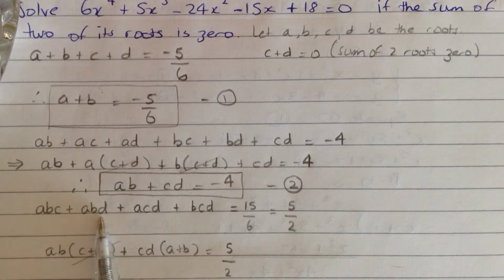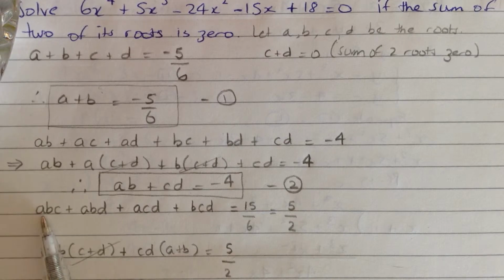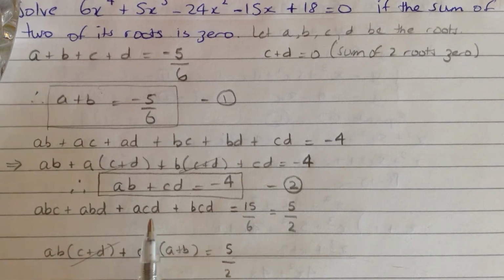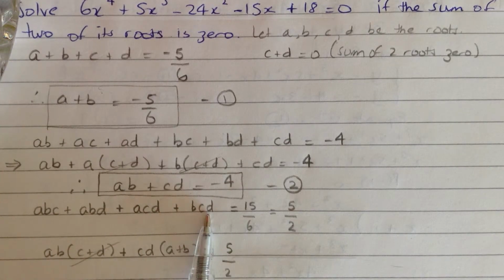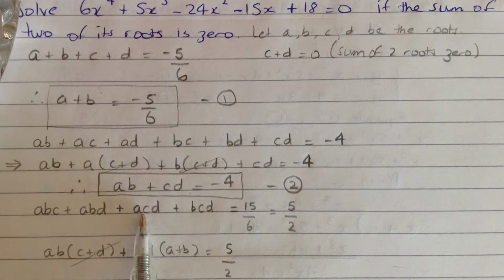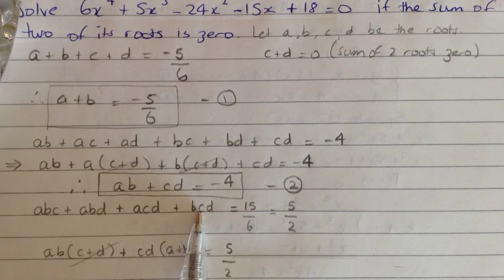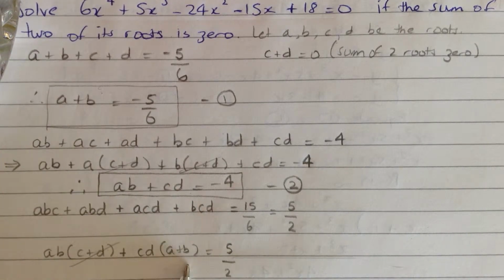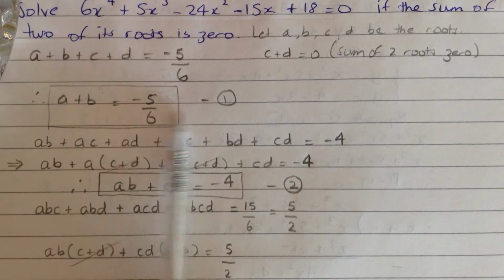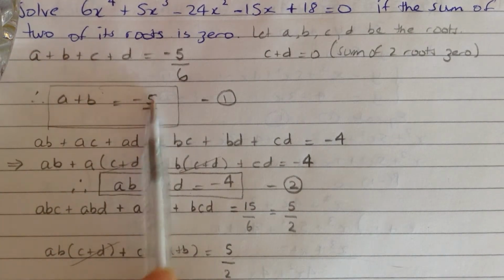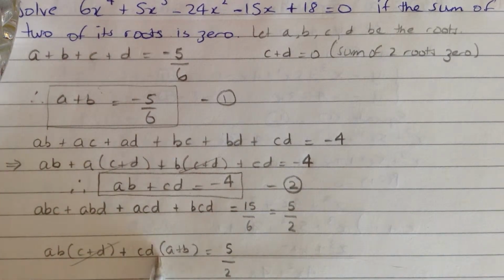The first two terms allow you to do that, so AB outside of C + D. The next two terms allow you to take CD out, outside of A + B. Now that's useful because look at equation 1: A + B is equal to a number, so let's substitute that in as well.